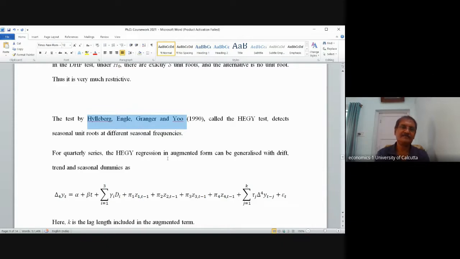Later on, this was further developed, further modified by many other scholars for monthly time series, daily time series, etc. So Hylleberg, Engle, Granger, and Yoo developed first the test for quarterly time series.